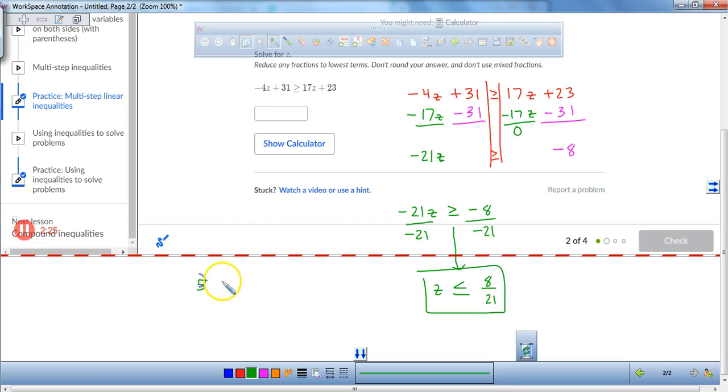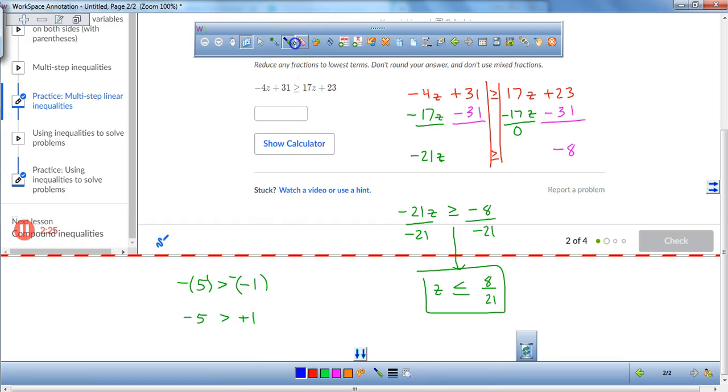So why do we flip the sign? Hopefully you agree that 5 is greater than negative 1. But if I multiply both sides by a negative, is negative 5 still greater than a positive 1? No, that's not true. So I got to flip the sign in order to make it true. That's why when I divided both sides by a negative, I had to flip the sign.